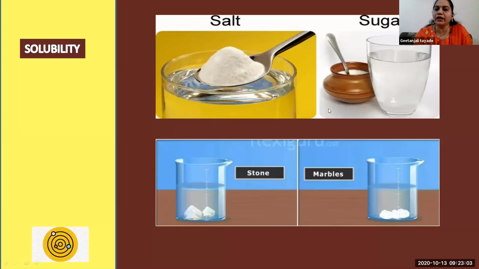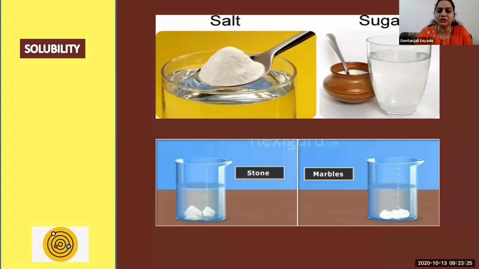So salt and sugar are completely dissolved in water, meaning they are soluble in the water. That is called the solubility of that substance. Salt and sugar dissolve completely in the water, but stone and marble are not dissolved in the water. That means they are insoluble in the water.